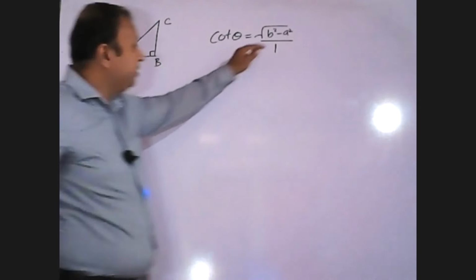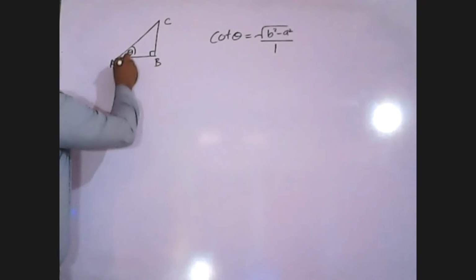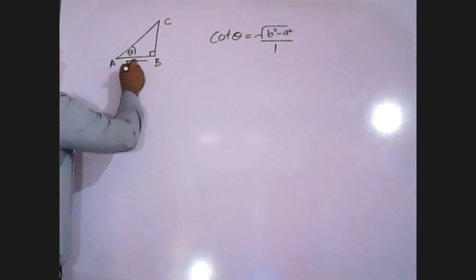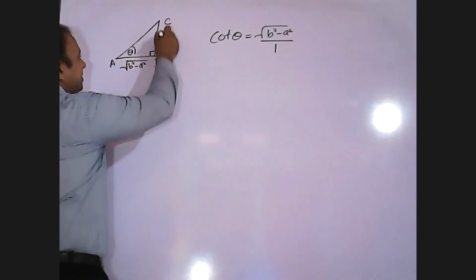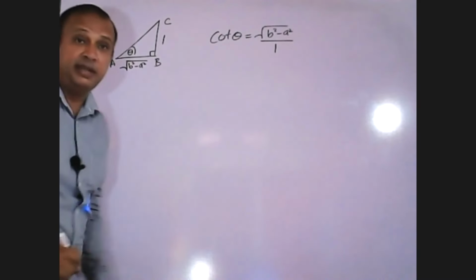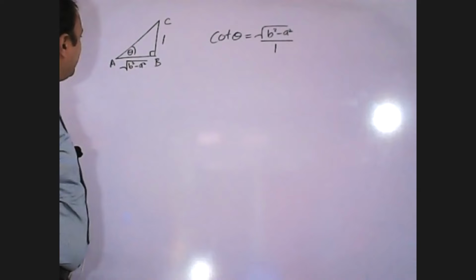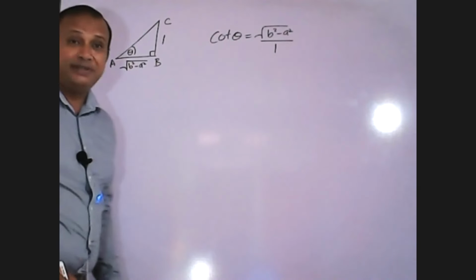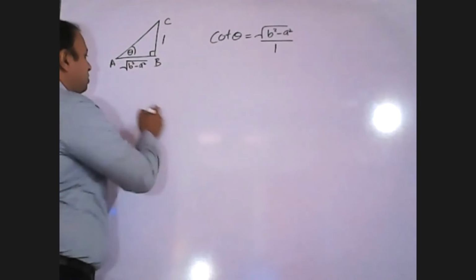According to this, the adjacent side is equal to square root of b squared minus a squared, and the opposite side is equal to 1. Now you want to find the hypotenuse. How to find the hypotenuse? You can use the Pythagoras theorem.